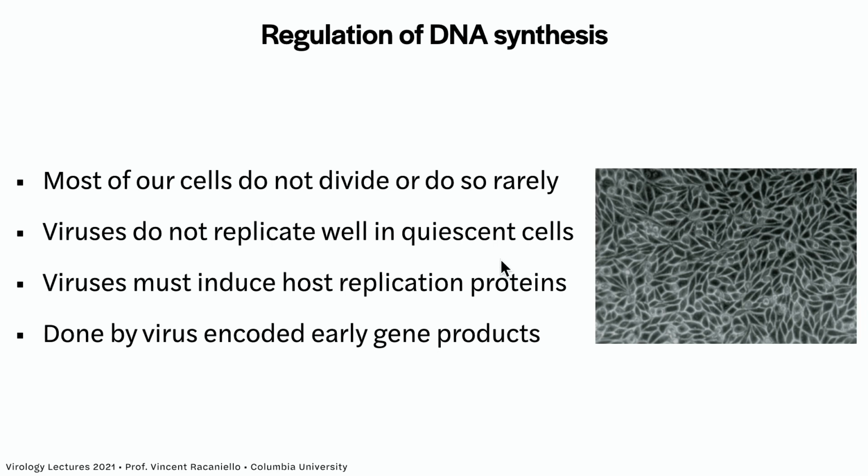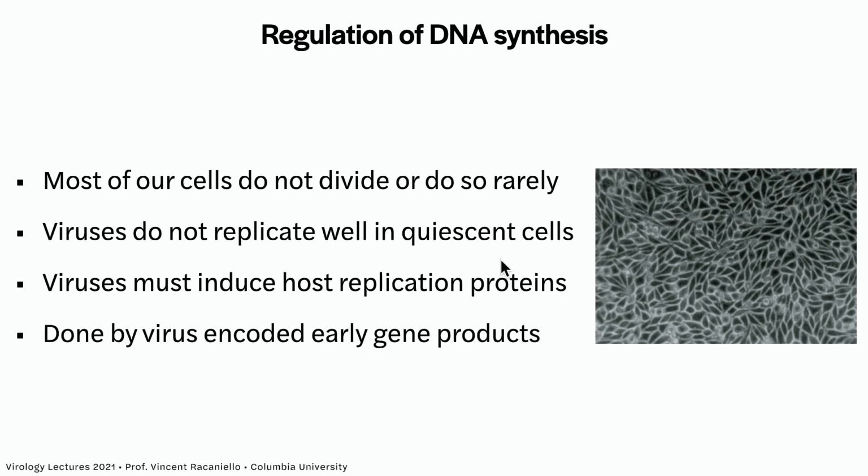Of course, the extreme are your neurons, which don't divide, and the other extreme are your gastrointestinal epithelia, which turn over every 7 days or so. But in between, most of our cells are not dividing unless you need them to divide. If you are exercising and building up muscle, then your cells have to divide. But if you're sitting studying, you don't need much cell division.